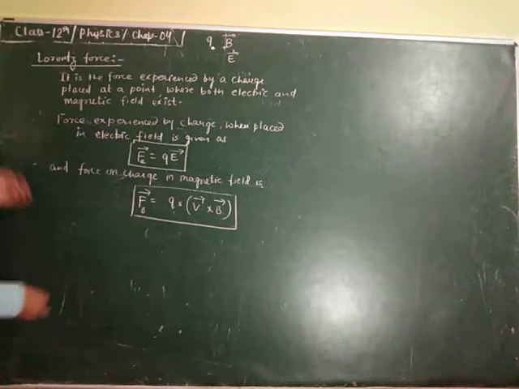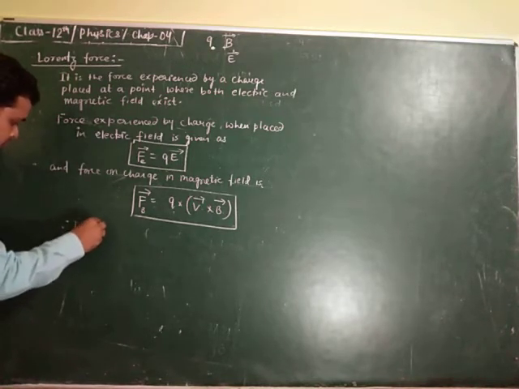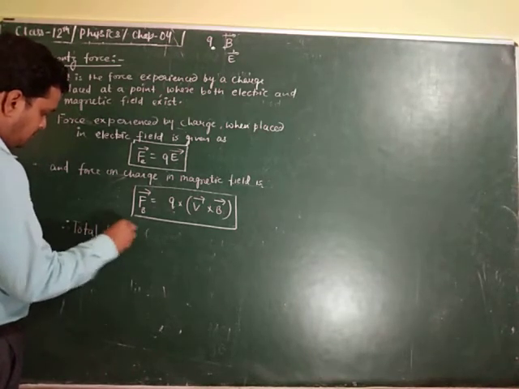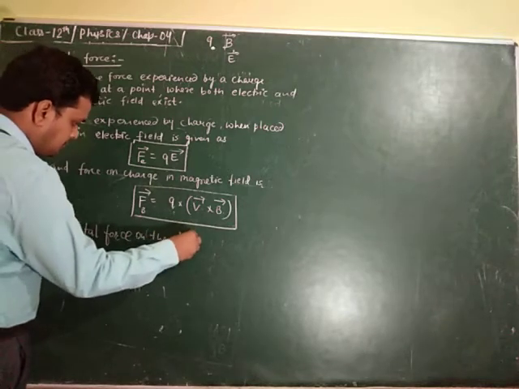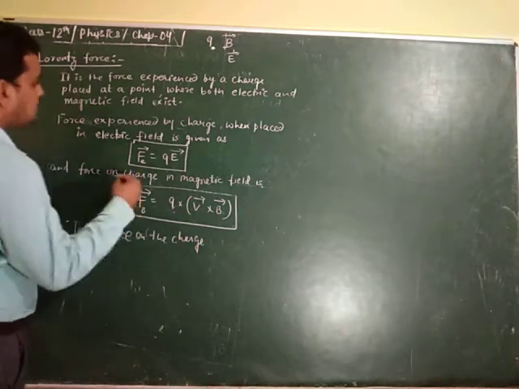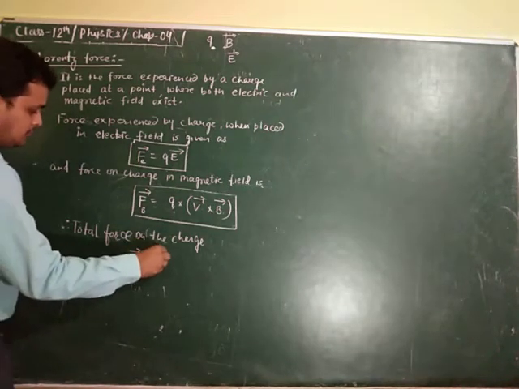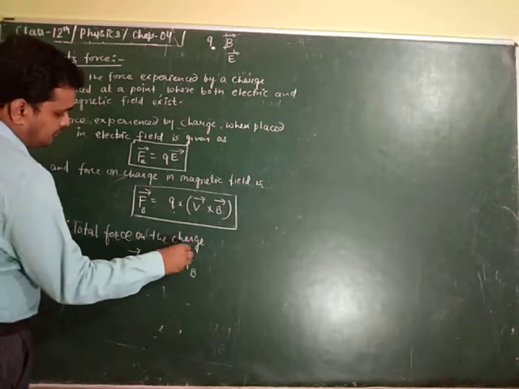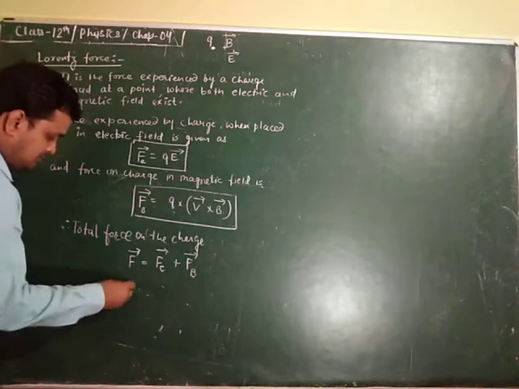So total force, therefore, total force on the charge, which is called the Lorentz force, is given by F is equals to Fe plus Fb. That is, we have to add both forces here.